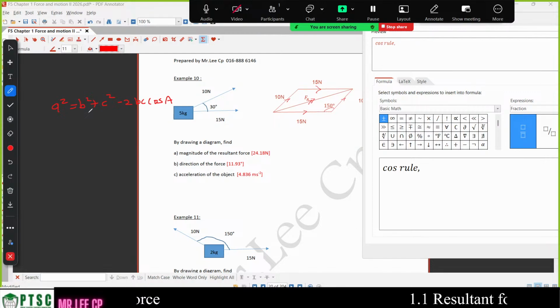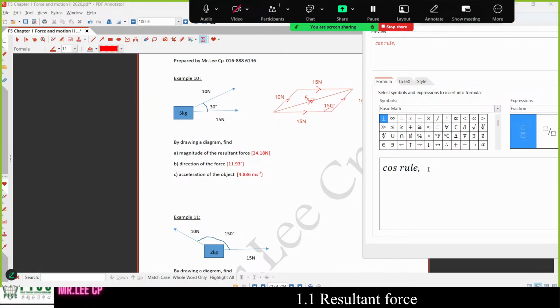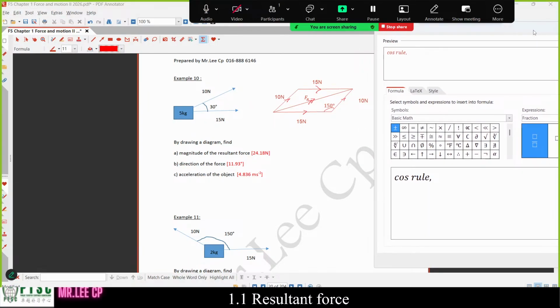Yes or no? Have you learned this formula? If no, you also need to know because you are going to learn it in maths soon. Maybe, or last year you already learned it.